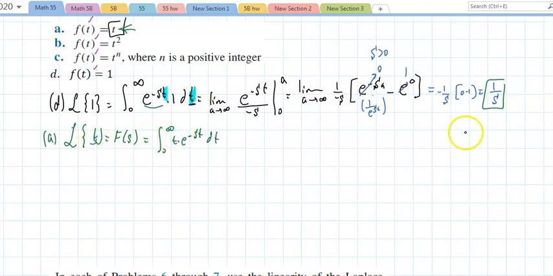So here I need u equals t, and the derivative is 1, then 0. dv is e to the negative st. If you integrate, that's negative e to the negative st divided by s. And if you integrate again, that's positive e to the negative st divided by s squared. If you remember that, a plus and a minus.